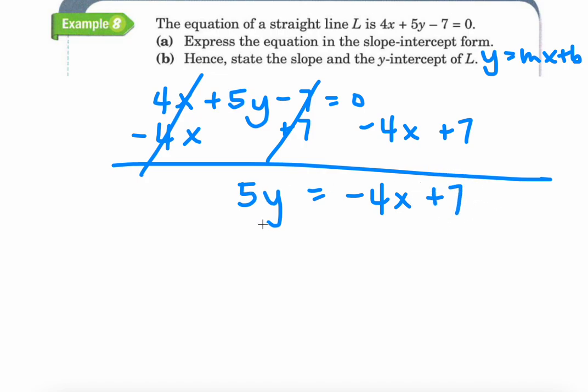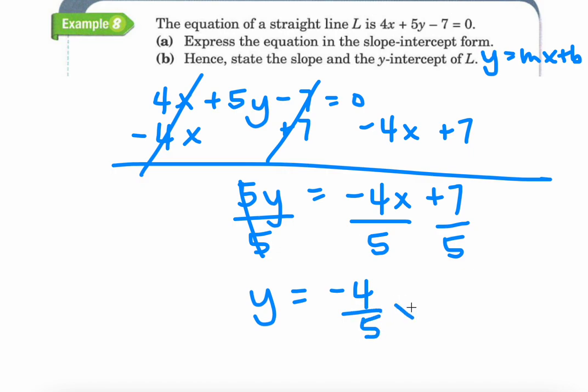Okay, and then y is still not by itself. I need to divide by 5. That means everybody's got to divide by 5, or else it's going to be lopsided, right? Only one term dividing by 5. So then y equals negative 4/5 x plus 7 over 5, which is what, like 1 2/5?